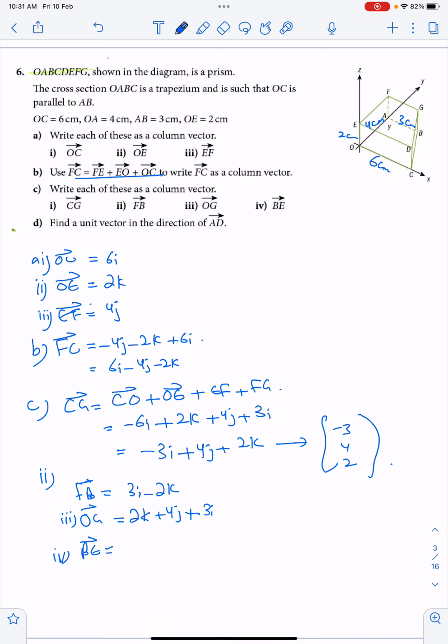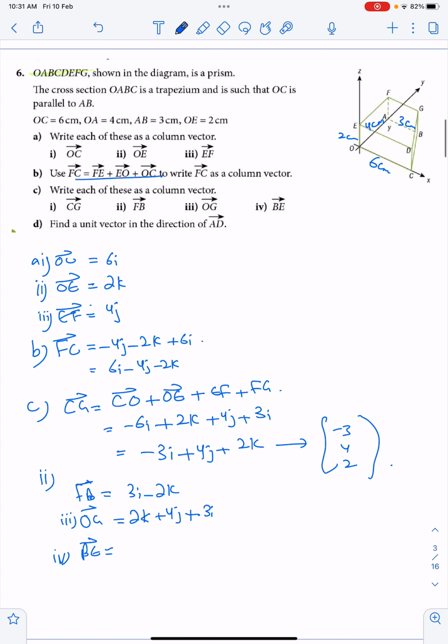BE is going to be from B to E. So for B to E, I've gone like this: minus 3i minus 4j and then plus 2k.